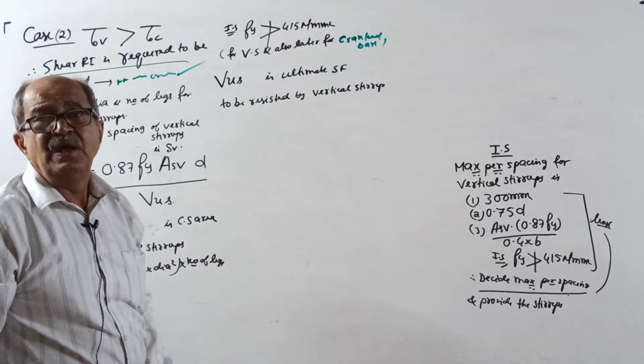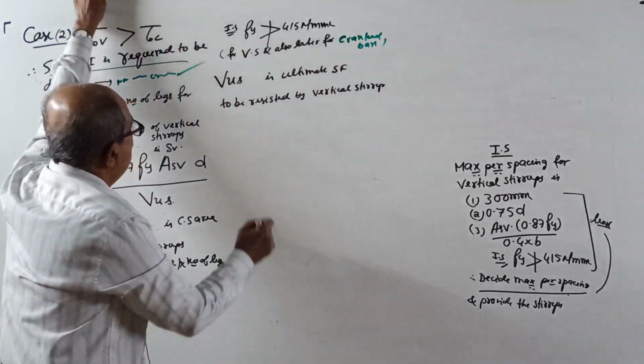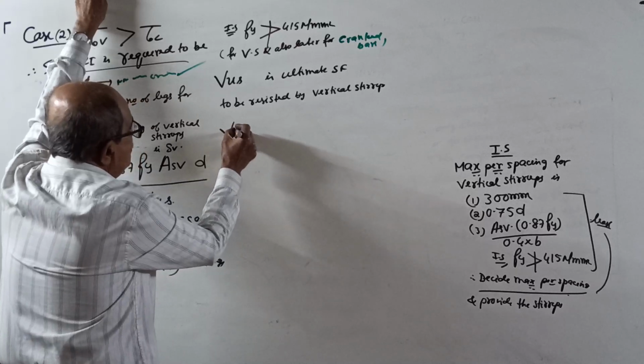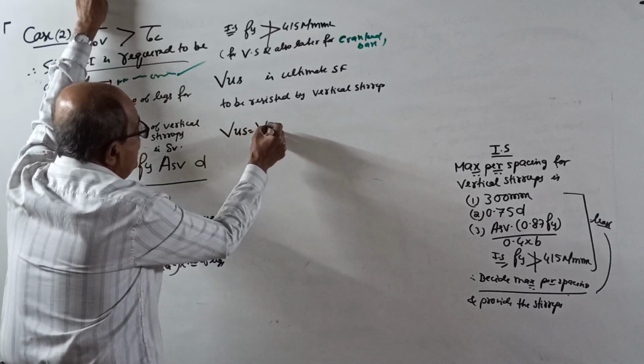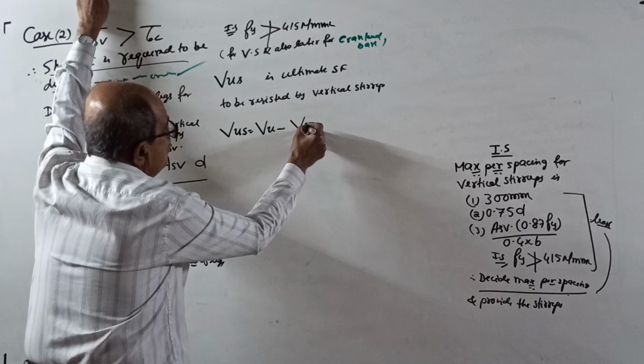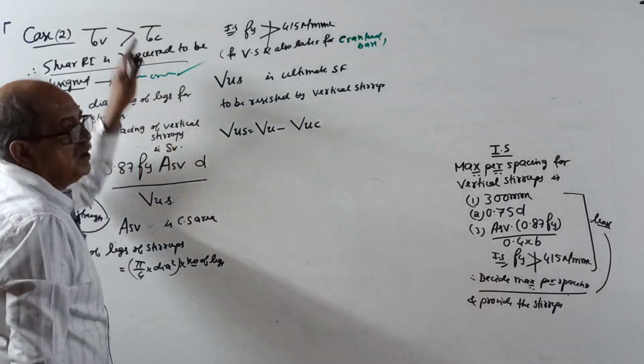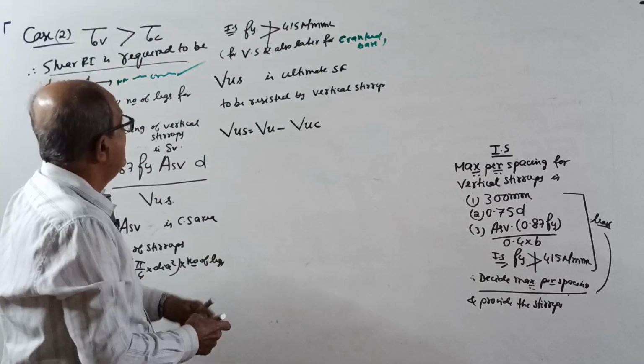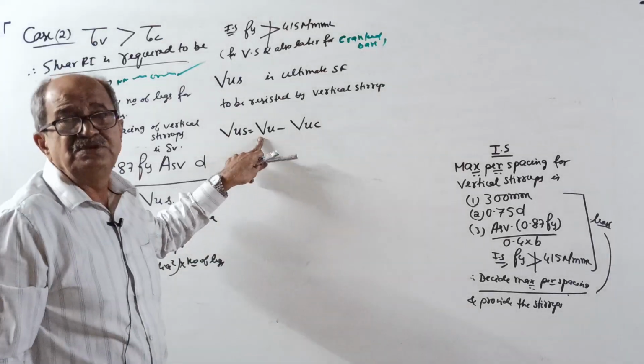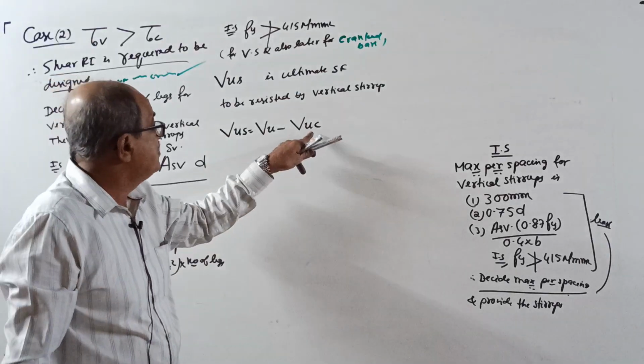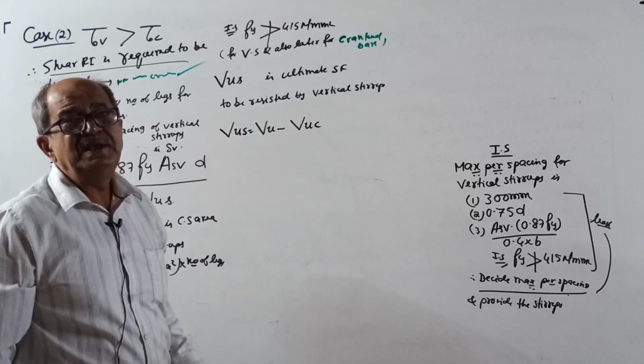So the formula: VUS equal to VU minus VUC. Now one small problem comes. Whatever is the shear force, subtract the shear strength of concrete, and the remaining is to be taken by stirrups.